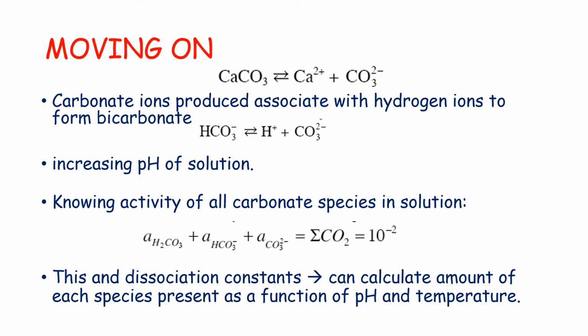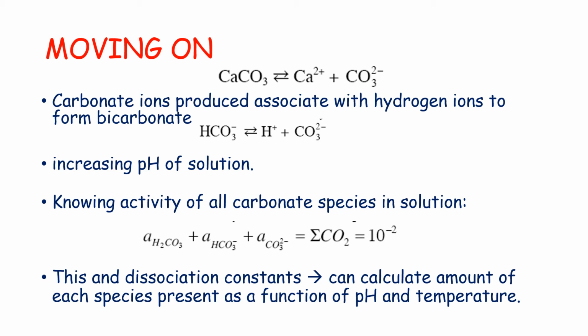We know that calcium carbonate can dissociate into calcium 2+ and carbonate ion. The carbonate ions produced this way will associate with hydrogen ions to form bicarbonate, as shown in this reaction.